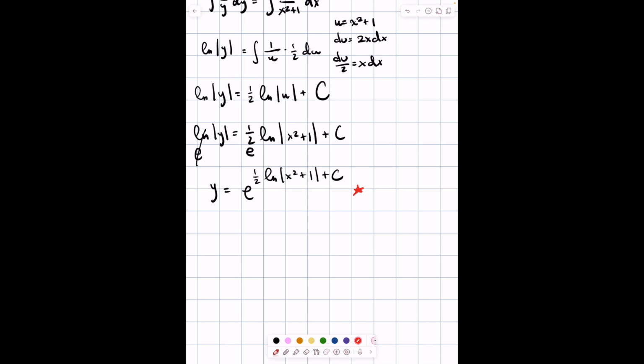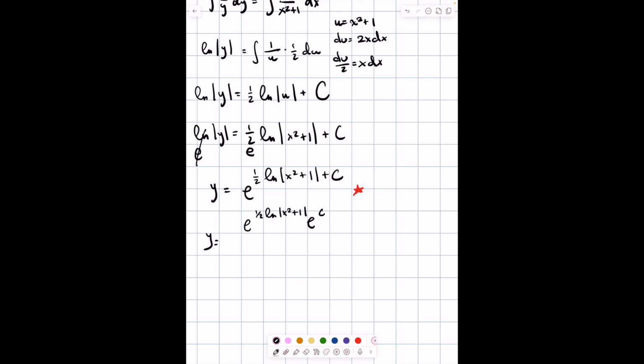But if you want to go a step further, and sometimes professors do, you can notice that this is e to the 1/2 ln of x squared plus 1 times e to the c, by the property of adding exponents. And notice here, e to the c, like I said before, c could be any constant.